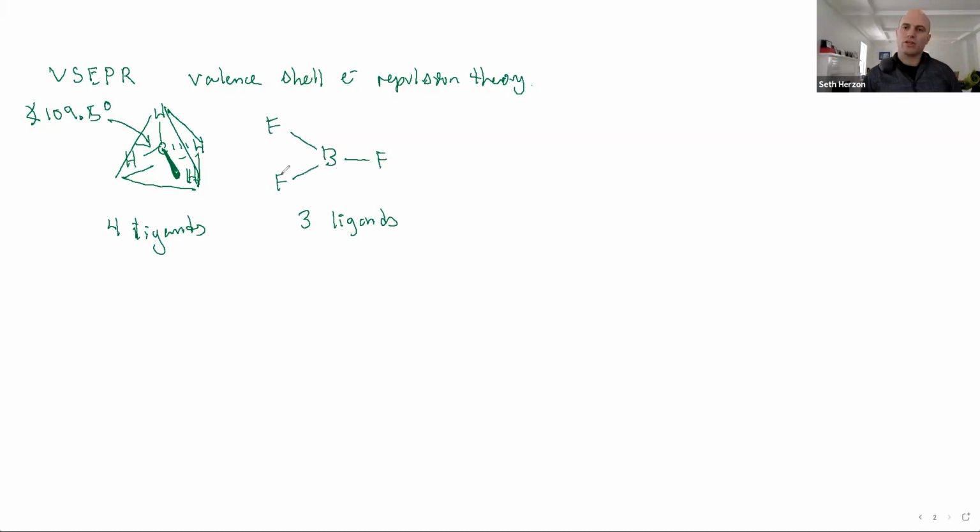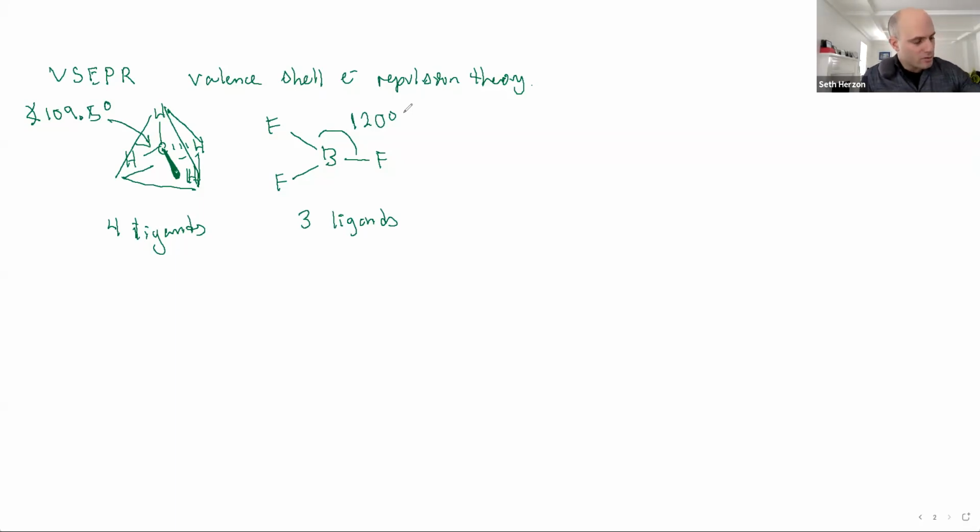So now we've got 3 fluorines around boron. And if I put these in plane, I can set up a bond angle of 120 degrees, okay? And so that's a little bit bigger. So what we find is that we get a nice planar arrangement, trigonal planar arrangement of atoms when you have 3 ligands around a specific atom.